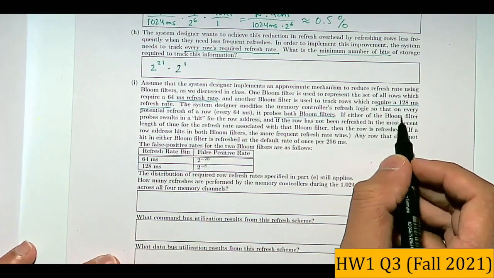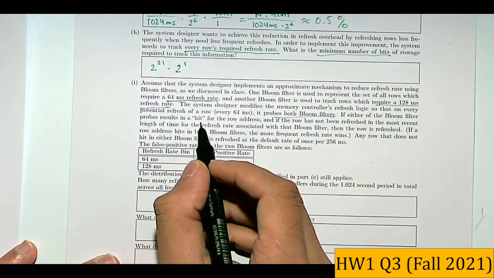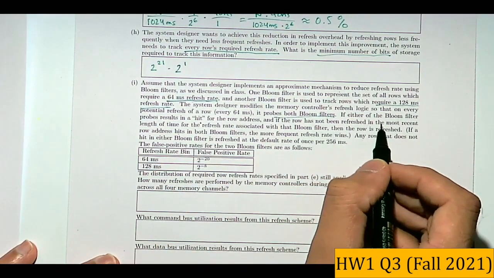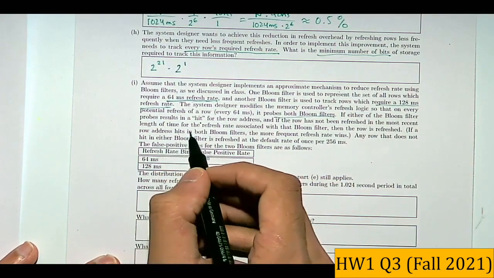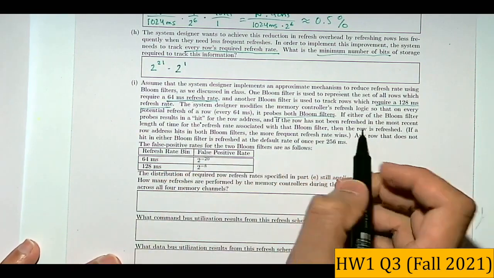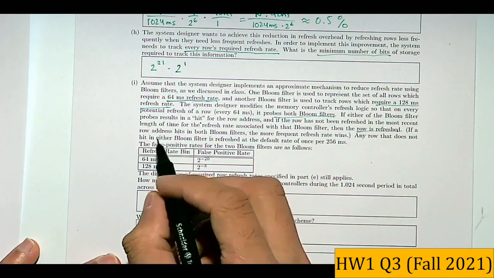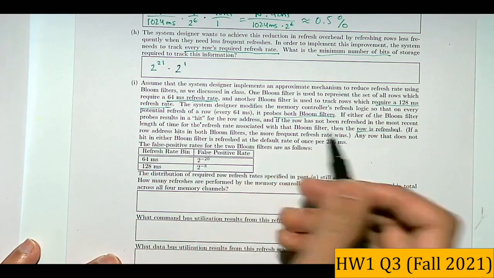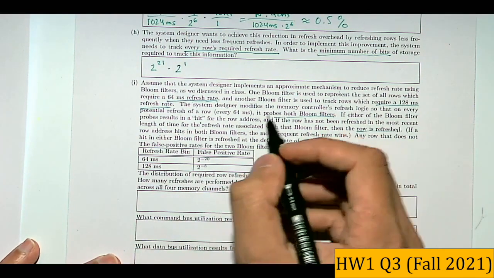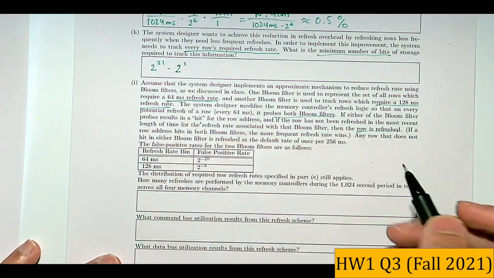If either of the bloom filters results in a hit, and if the row has not been refreshed in the most recent length of time for the refresh rate associated with that bloom filter, then the row gets refreshed, right? If a row address hits in both, the more frequent refresh rate wins, so the 64 millisecond bloom filter has priority, essentially.